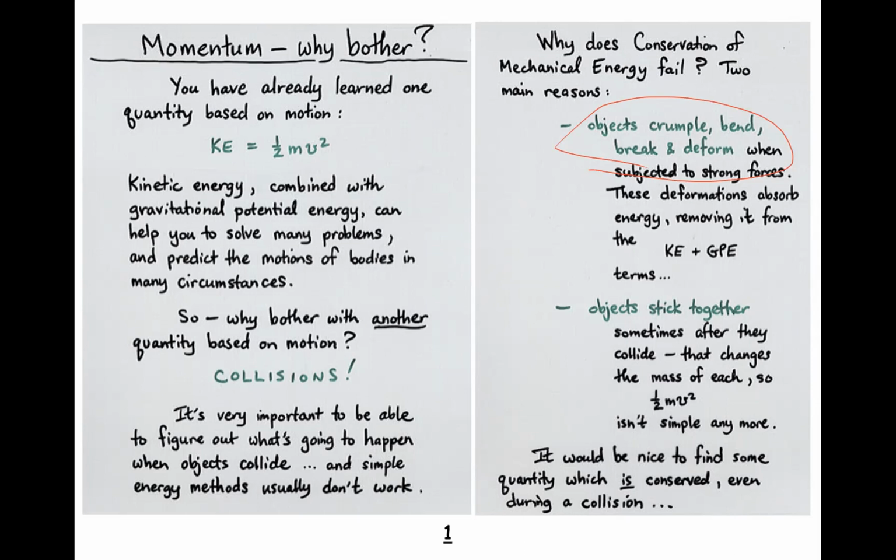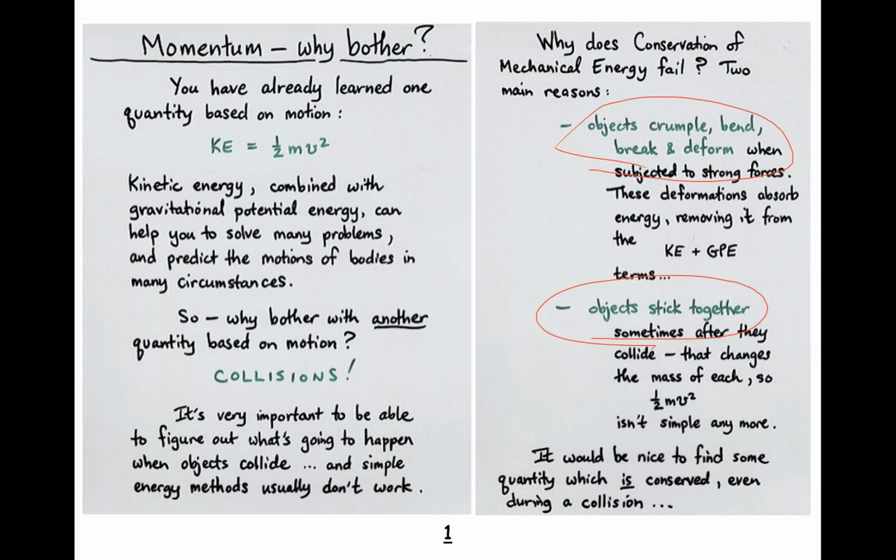So all of that takes away energy from the system, and the amount of energy it takes away is complicated. There's not a nice simple formula we can use for that. Sometimes objects stick together, so the mass of the objects in the system changes, right? So there's a limit to what we can solve by just saying energy is conserved.